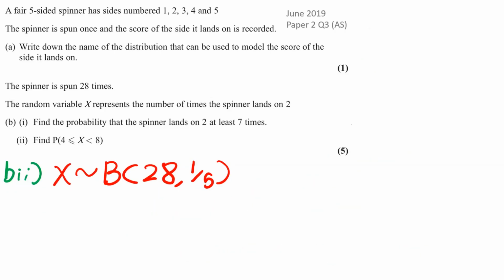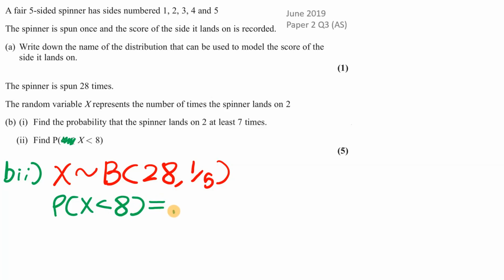Okay, and then for the second part of B, we need to find the probability that x is bigger than or equal to 4, but less than 8. So we're going to use the same binomial distribution that we used here. So let's ignore the fact that it's bigger than or equal to 4 first. Let's first find the probability that x is less than 8.